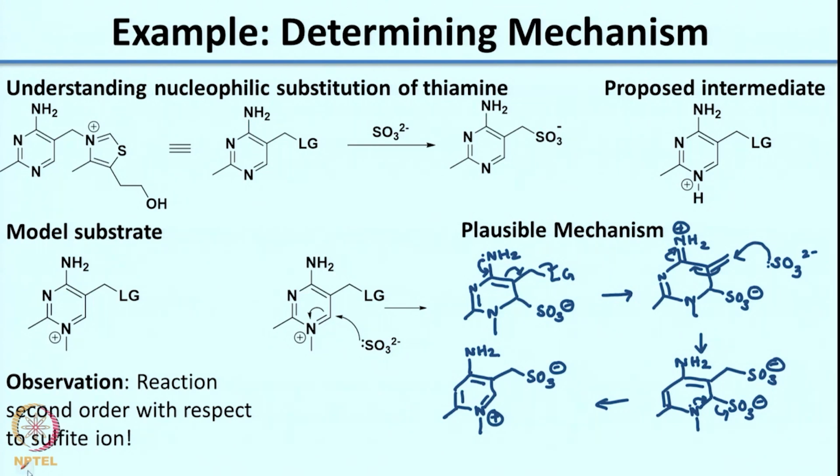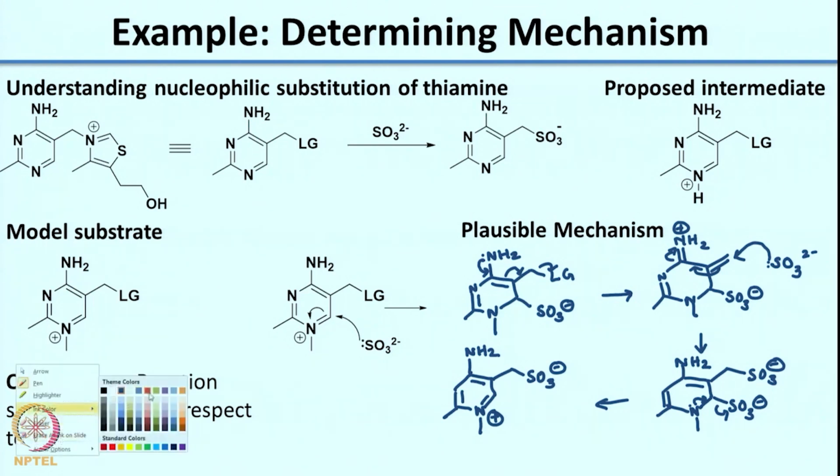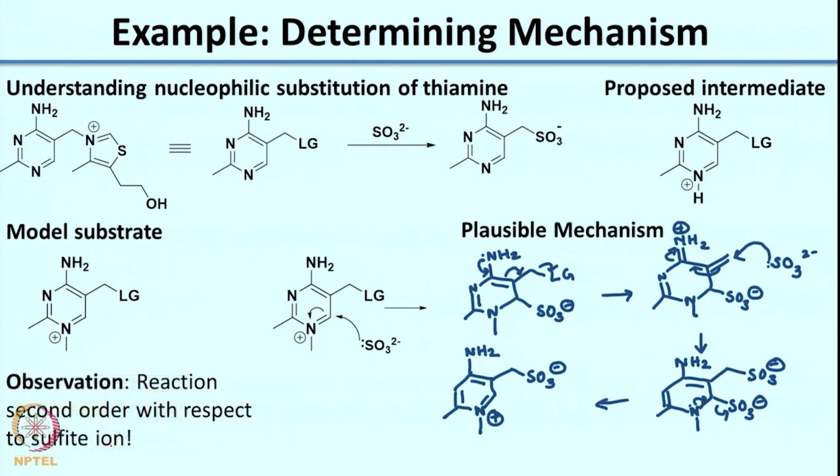So, now that you see here, you have one molecule of sulphite adding in initially, and then you have another molecule of sulphite adding in later. So, this reaction then is second order with respect to the sulphite ion. So, here the kinetics was actually used to determine the mechanism.